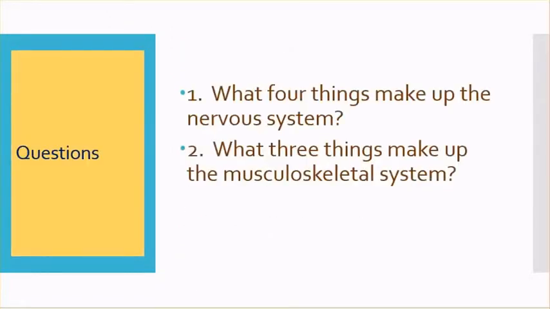Number 1, what 4 things make up the nervous system? Number 2, what 3 things make up the musculoskeletal system?